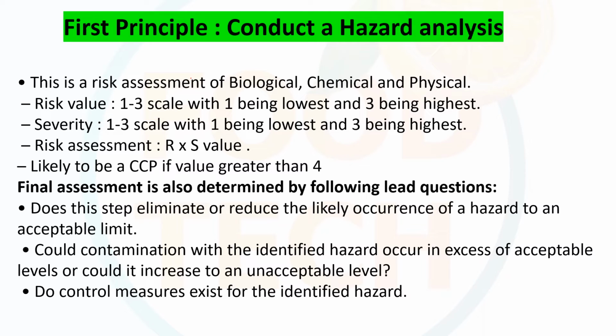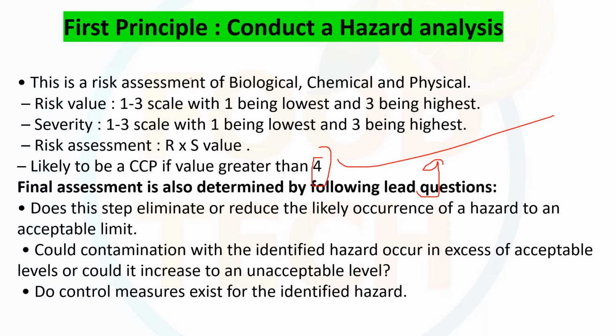So this was all about risk assessment, and then the final assessment is also done. First of all, I forgot to tell you: the maximum value is 9, so if the value goes above 4 for the risk assessment, we should say that this value is greater.